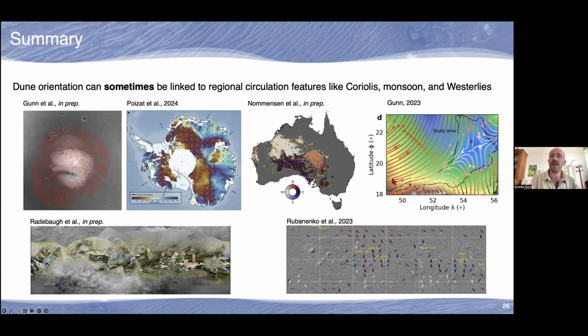But indeed, definitely in the Rub' al Khali and on Mars and on Titan, the mean winds are not represented by these dunes at all. These are made by equinox storms. These are slope-driven winds, not the large-scale synoptic weather. And here the dunes are relic of a past climate in a lot of places. And that's not really obvious for Australia yet.